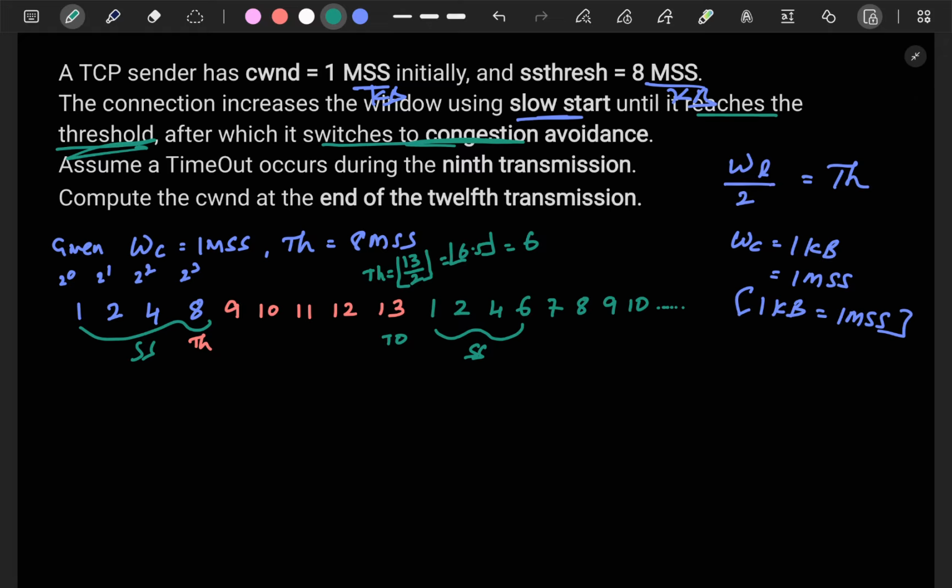Now read the question again. It is written: compute the congestion window at the end of the 12th transmission.